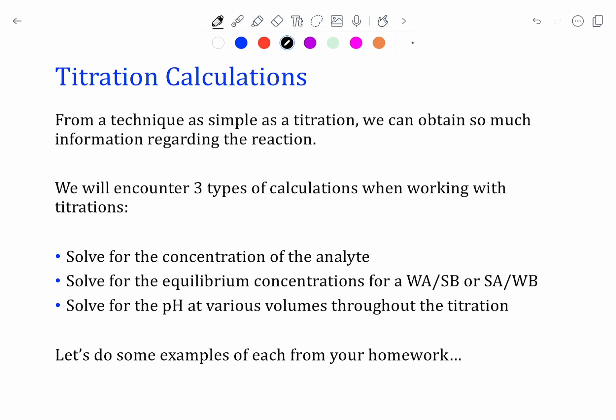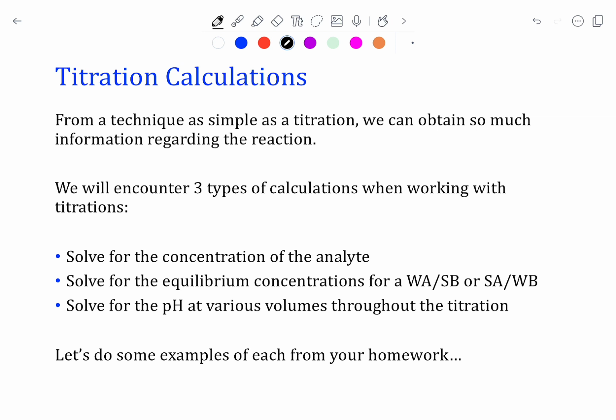So, from a technique as simple as a titration is, if you've done one in the lab, you know they're pretty straightforward. We can obtain a lot of information regarding that chemical reaction, that acid-base reaction. So we will encounter 3 types of calculations when we're working with titrations, and your book goes through these 3 types of calculations.